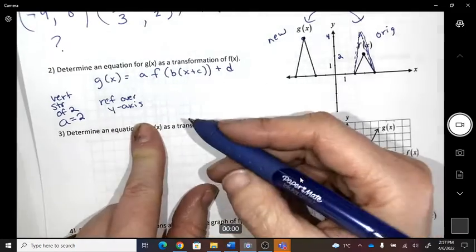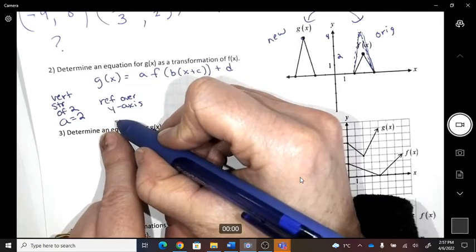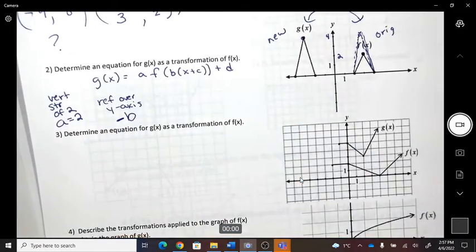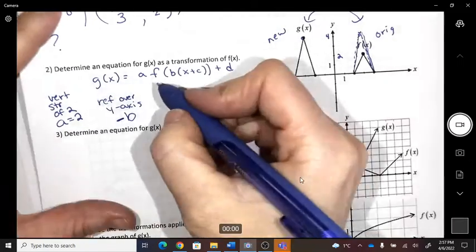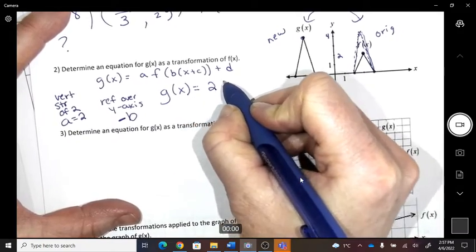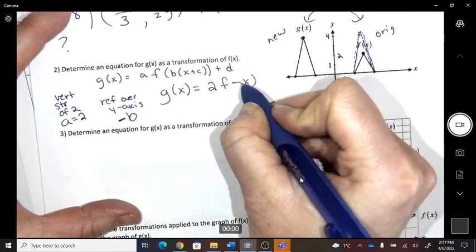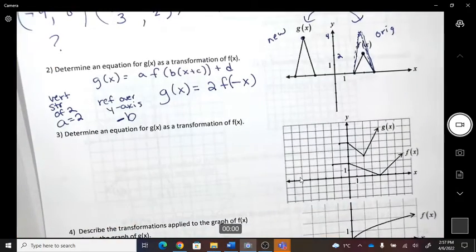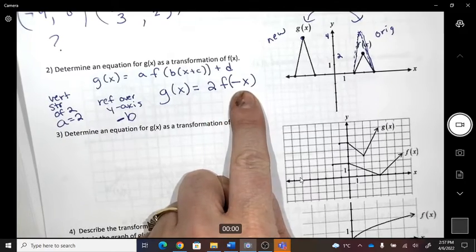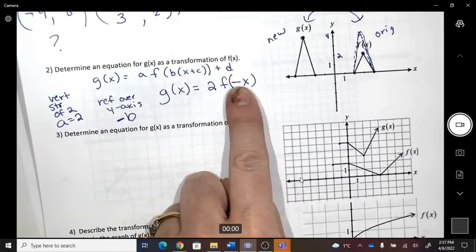Which one is negative, the a or the b? Oh, the b, I mean the a. The b causes it to move that way. So here's my result. That's my equation. I need to show that it vertically stretched and reflected over the y-axis.